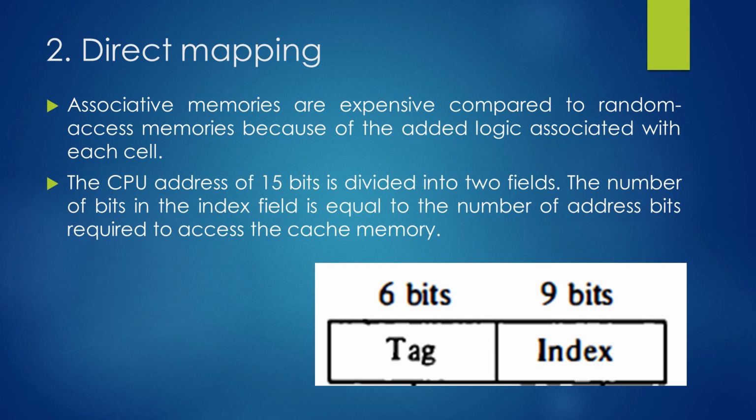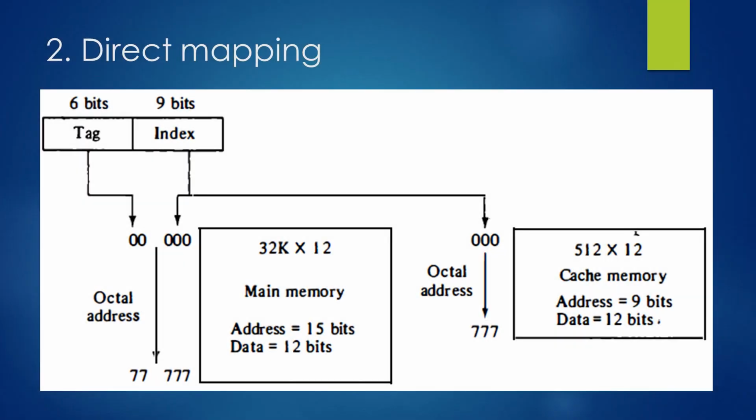The index field is equal to the number of address bits required to access cache memory. That means if you want to access something from the cache, this index of 9 bits will be used. As we can see in the diagram, the CPU which is trying to refer something has an address of 15 bits divided into tag and index.